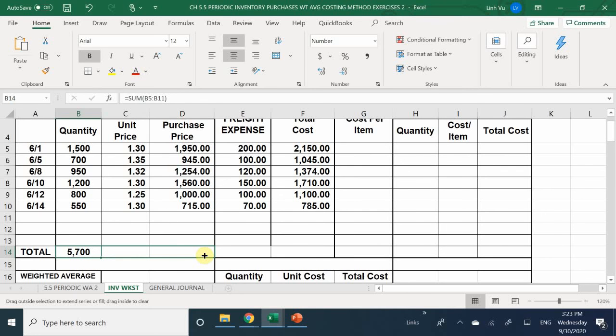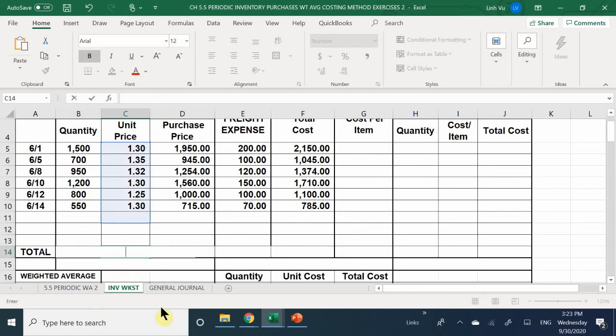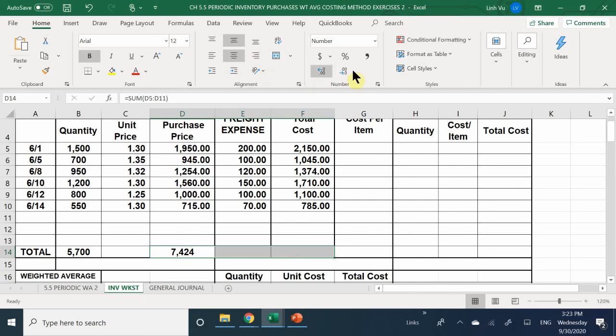Hold on one moment. $7,424. And what is my total freight? $740. And my total cost here?